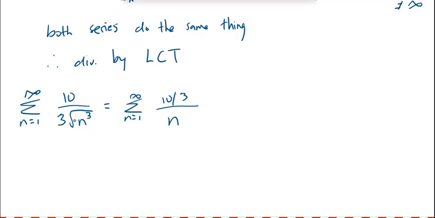The square root becomes the 2 in the denominator, and the cubed stays in the top. So I get 3 halves. So this is a p-series with p equal to 3 halves. And unlike the p-series we've dealt with so far, this is bigger than 1. And therefore, it converges by p-series.